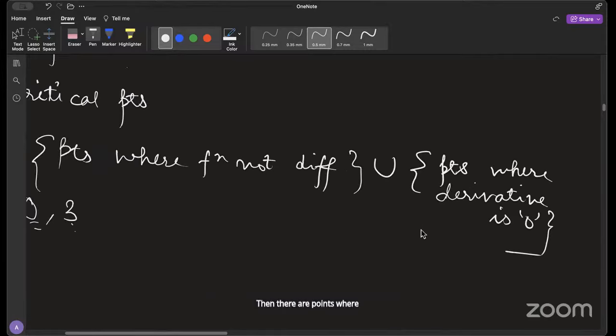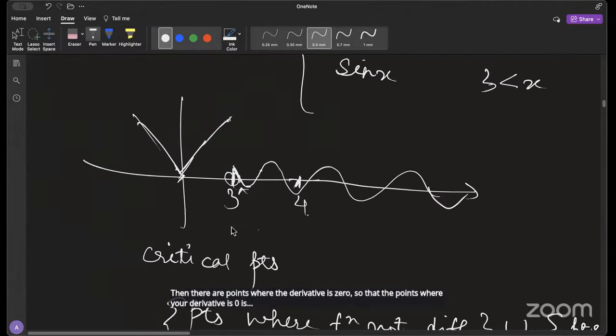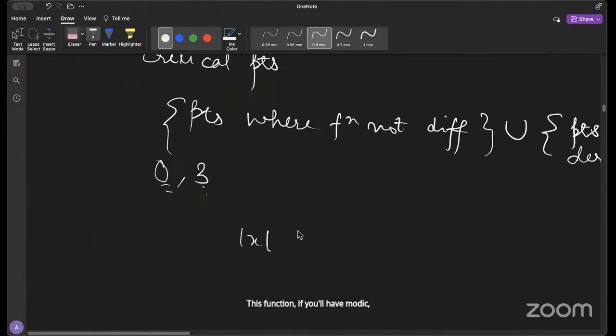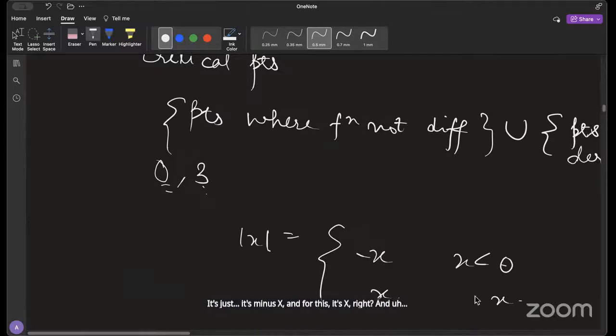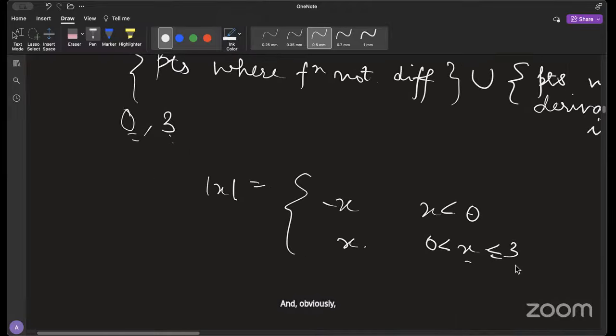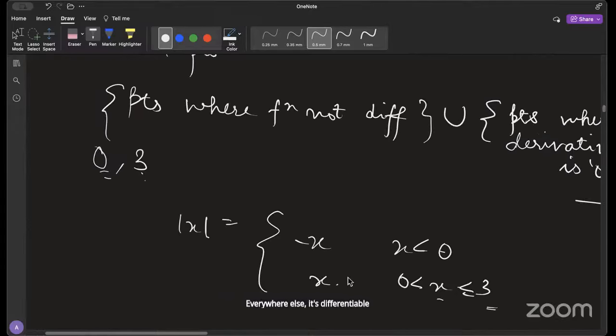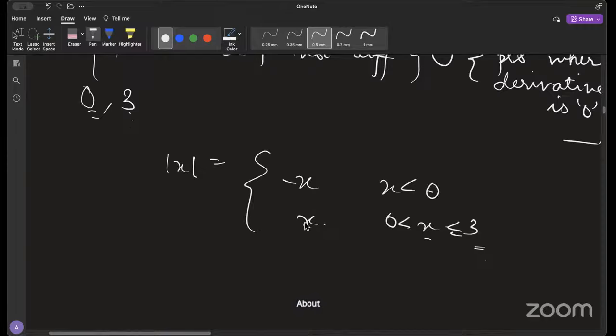Then there are points where the derivative is 0. If you have mod x, then mod x looks like this. For x less than 0, it's minus x, and for x greater than 0 it's x, right? By now you should know it very well that this function is differentiable everywhere except at 0, and obviously this endpoint.